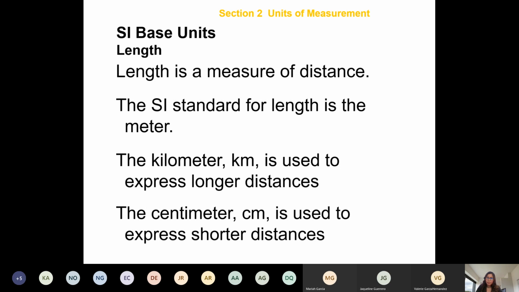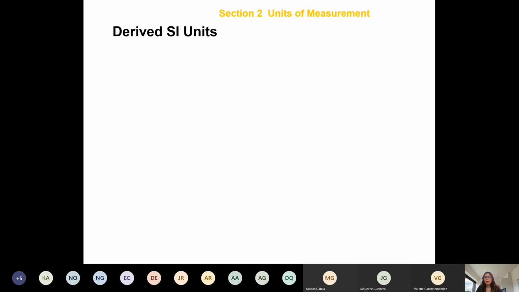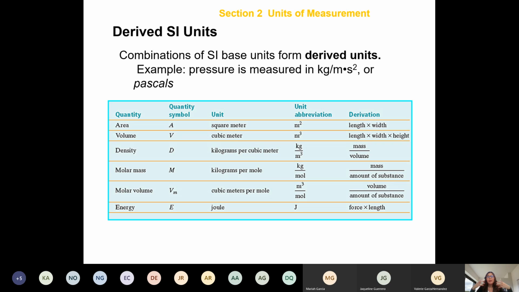Okay, so let's go ahead and move on to what we call derived units. And derived means basically units that are created from other units, and it's usually a combination of other units. So go ahead and write it down and then I'll explain. So derived units are combinations of other base units, and here they give you the example of pressure.